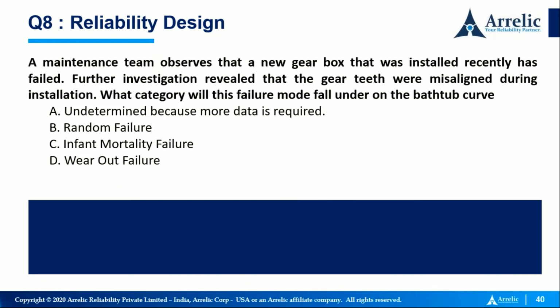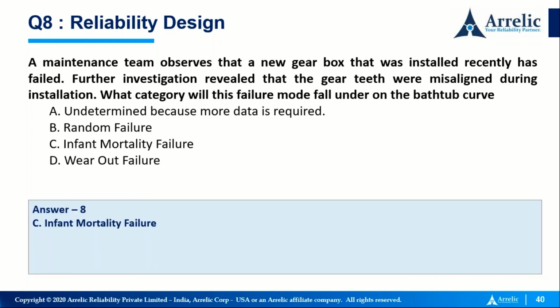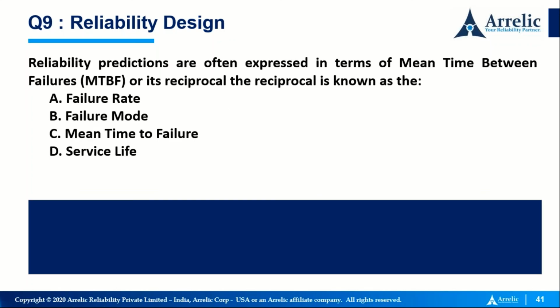Number 8, a maintenance team observes that a new gearbox that was installed recently has failed. Further investigation revealed that the gear teeth were misaligned during installation. What category will this failure mode fall under on the bathtub curve? Infant mortality, because it has been recently installed. Number 9, reliability predictions are often expressed in terms of mean time between failure or its reciprocal.